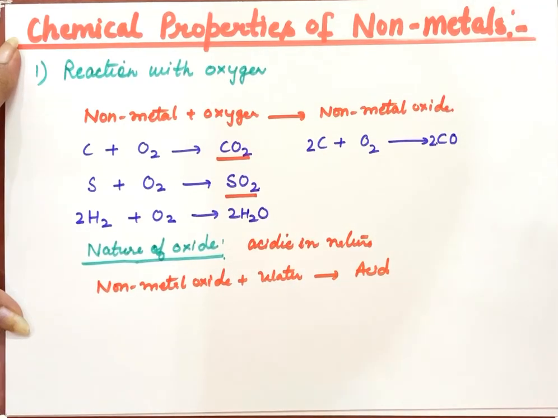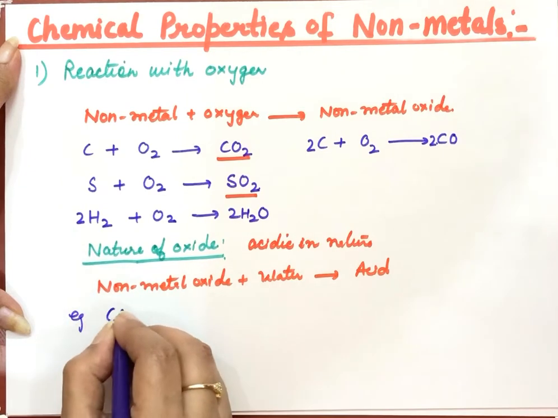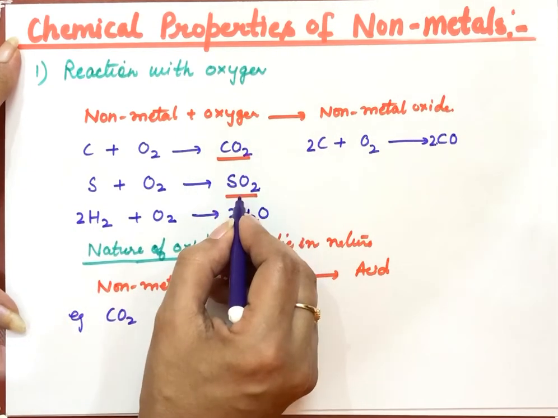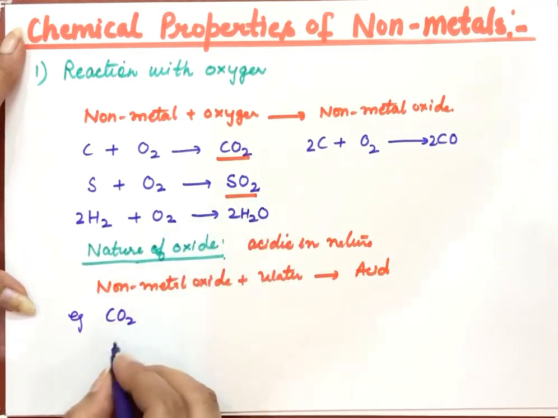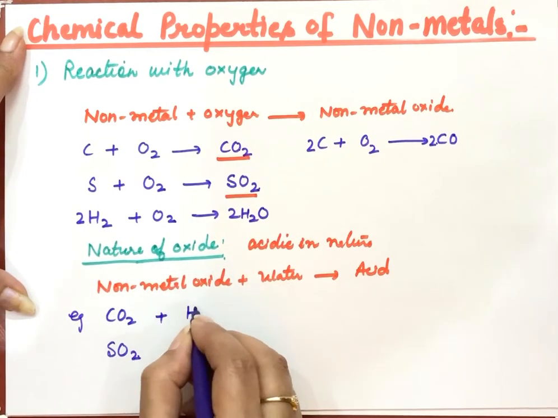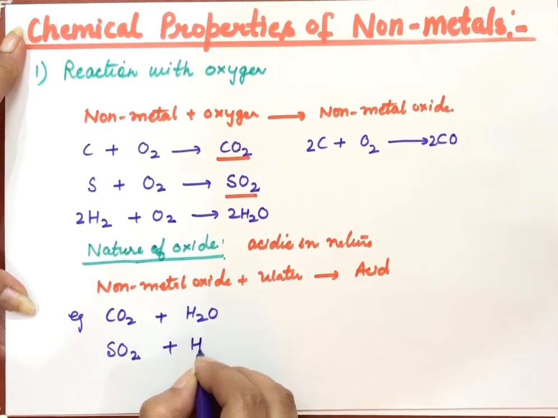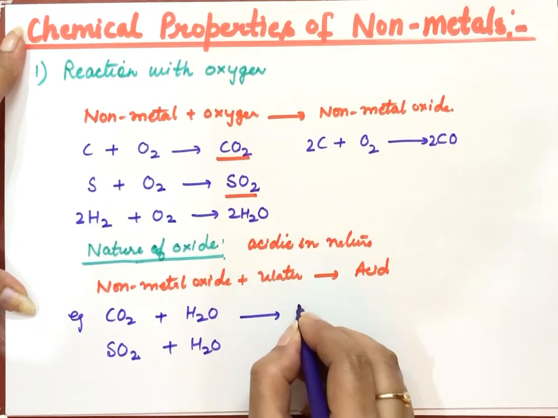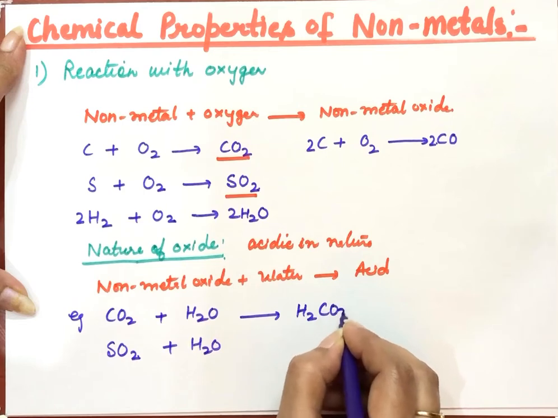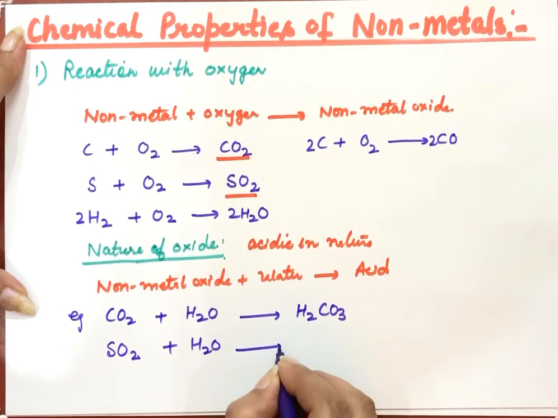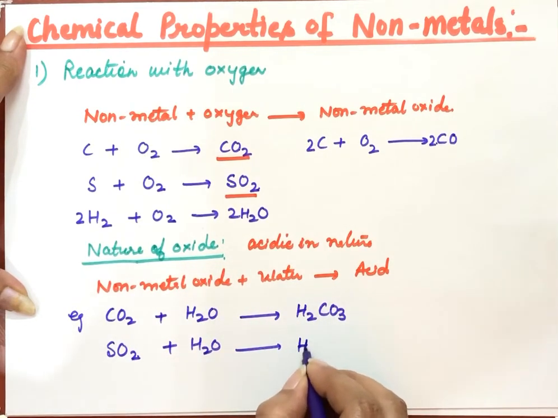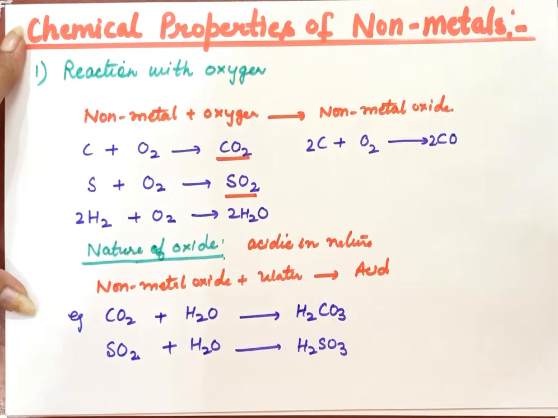Carbon dioxide and sulfur dioxide, I told you, are acidic oxides. When we add water to carbon dioxide, it forms an acid which is called carbonic acid. And sulfur dioxide in water forms an acid which is called sulfurous acid.